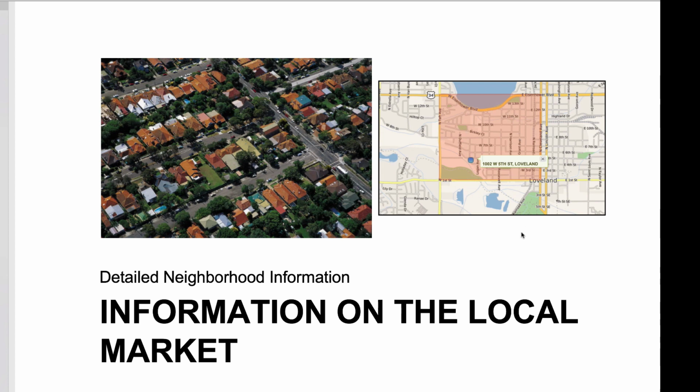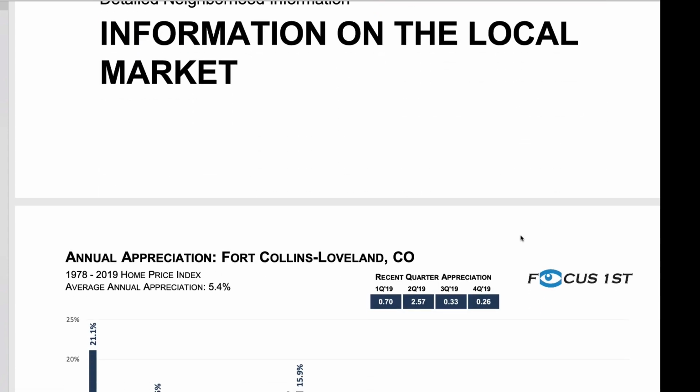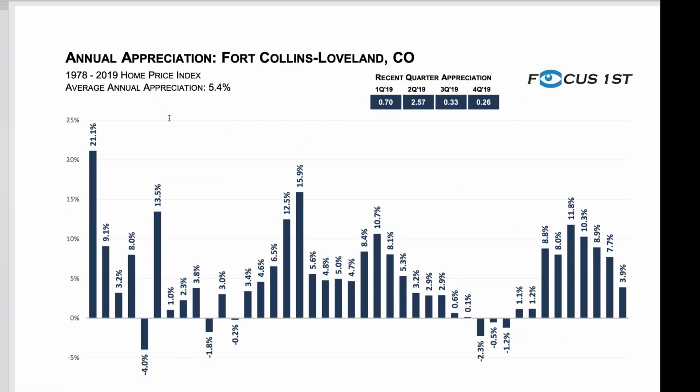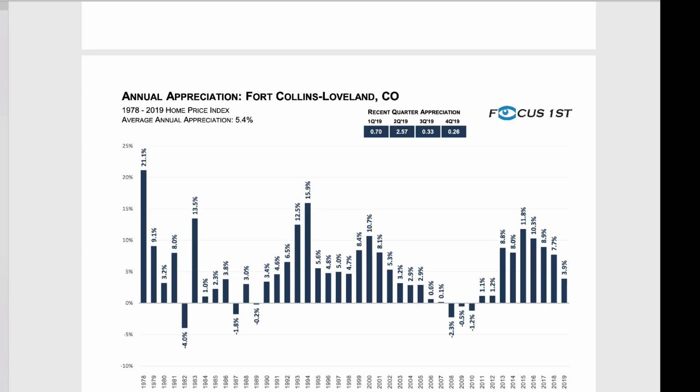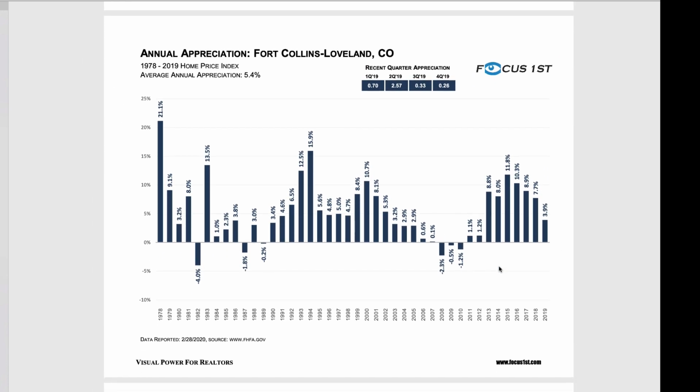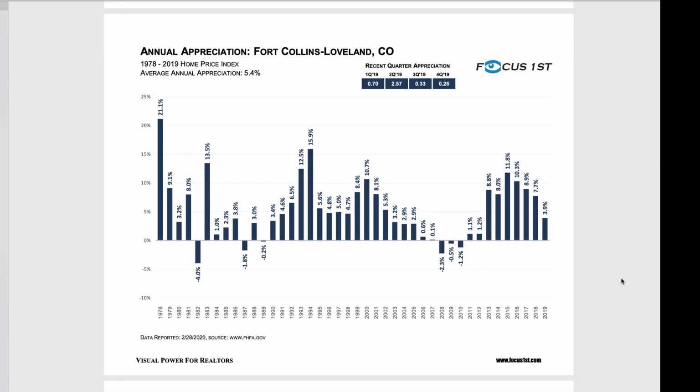Before we look at that, let me just show you what we call the appreciation. This is all of Fort Collins and Loveland, based on data from a government site, fhfa.gov, and this shows the average annual appreciation in the Fort Collins Loveland area. So this is like a large metropolitan area. We just want to give you an idea of what that looks like.